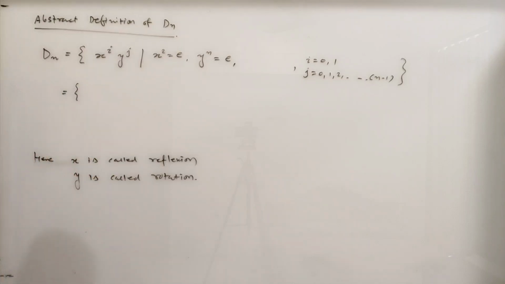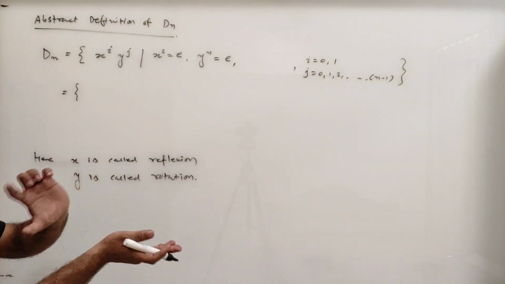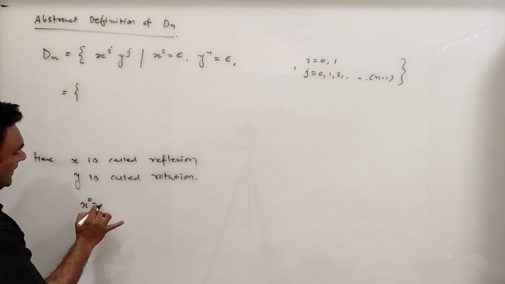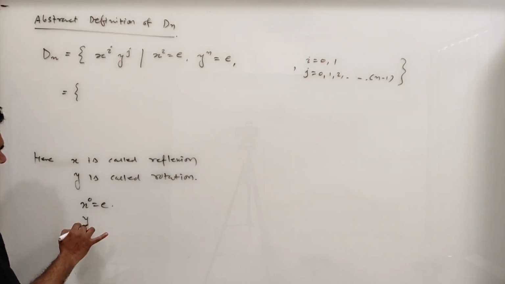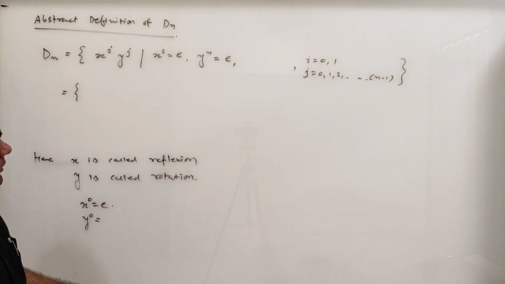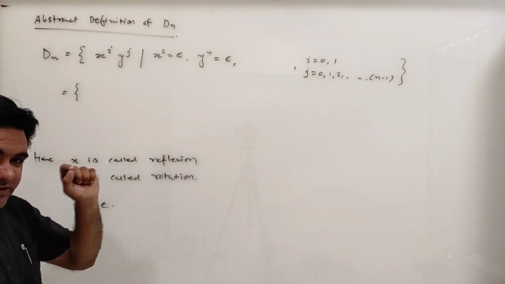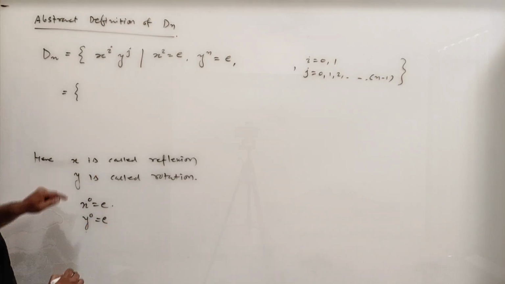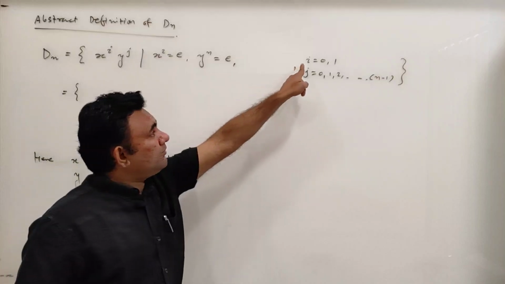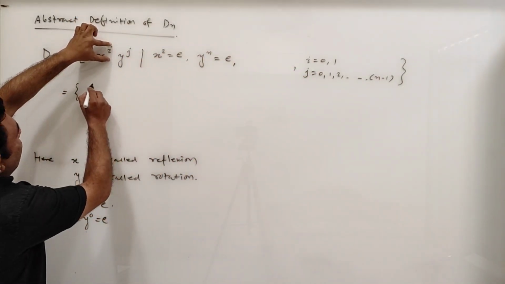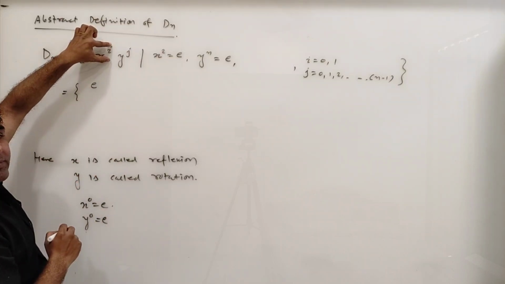It is a reflection, but we denote that reflection by symbol x. So x raised to 0 will be definitely identity, and similarly y raised to 0, because y is rotation element of Dn, so its 0 power will give me the identity. So when I consider the value of i is 0, it gives me identity, right?